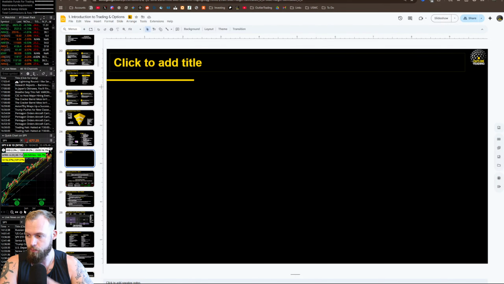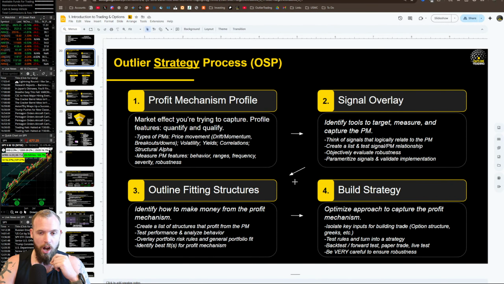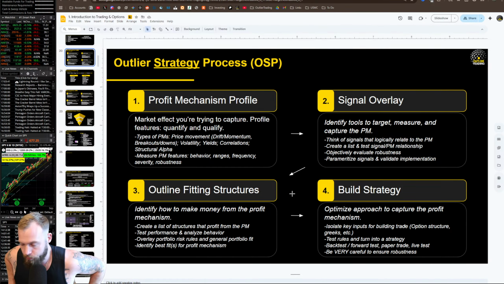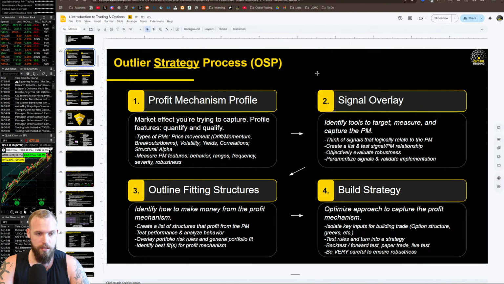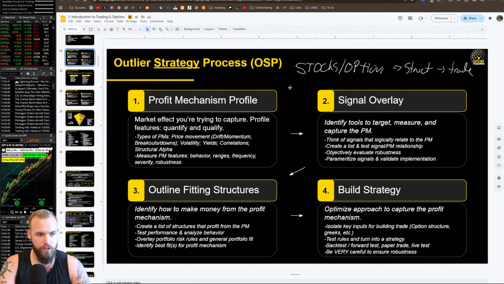In reality, when we try and build something that actually makes money, rather than following this process of understanding stocks, options, structures to trade, we need to have something that we're trying to trade.